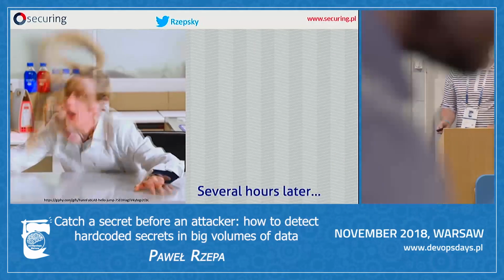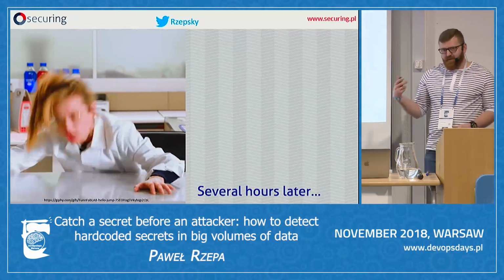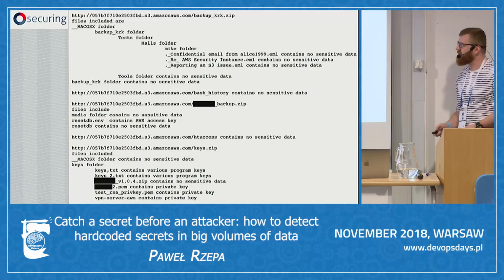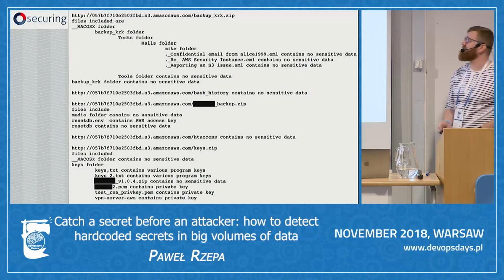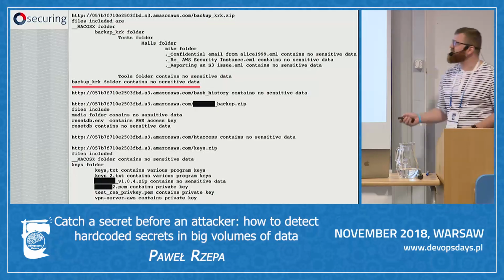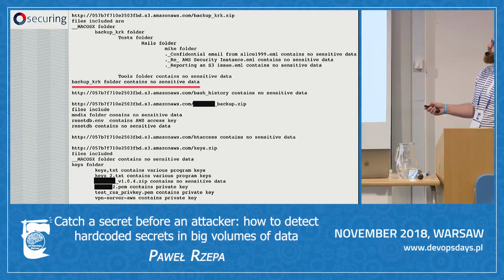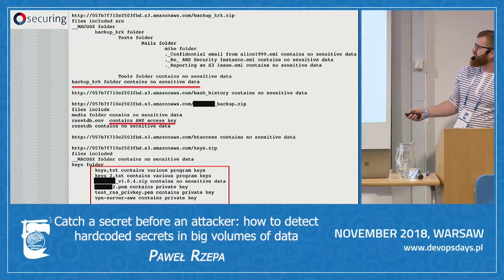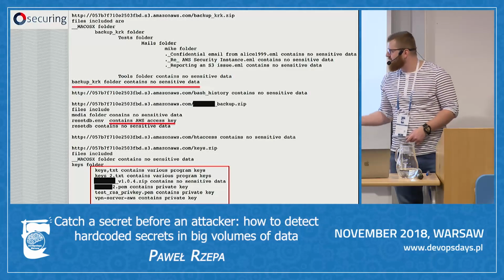After several hours of specifying the task, I got my first report, which looks like this, and it was pretty simple. Like, this folder contains no sensitive data. This file contains an AWS access key. This file contains various license keys.